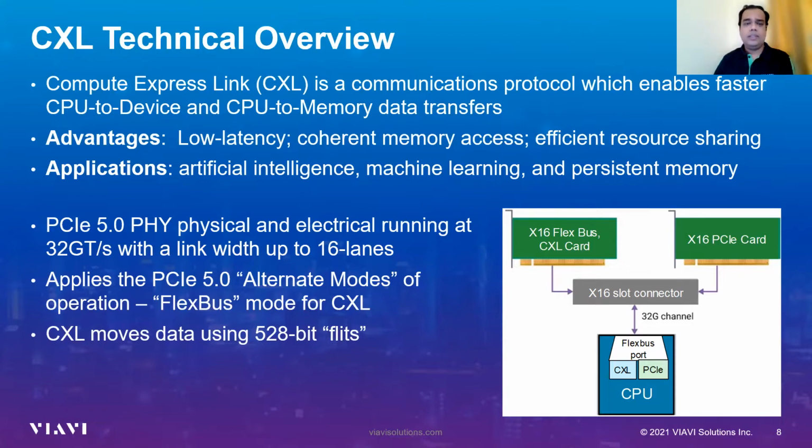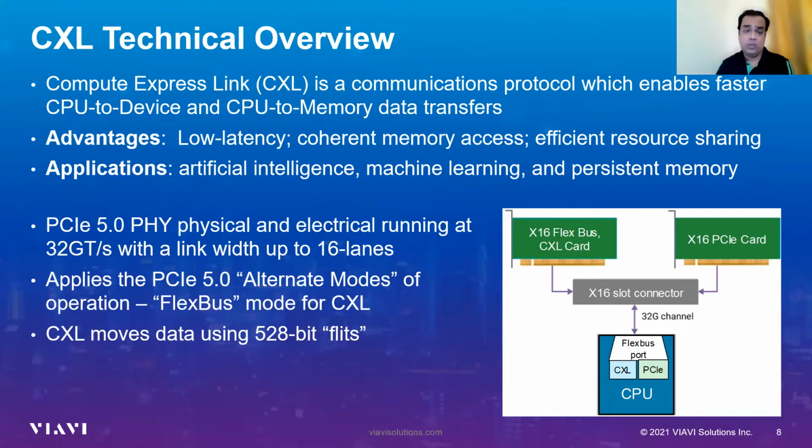It's this alternate mode that allows the system to boot to PCI Express and transition into CXL mode using FlexBus functionality. And that's somewhat shown here in the diagram on the left. You can see the CPU has both the CXL and PCI Express protocol functions, and they're ported over to the link, what's termed the FlexBus port here, so it can run either PCIe or CXL.